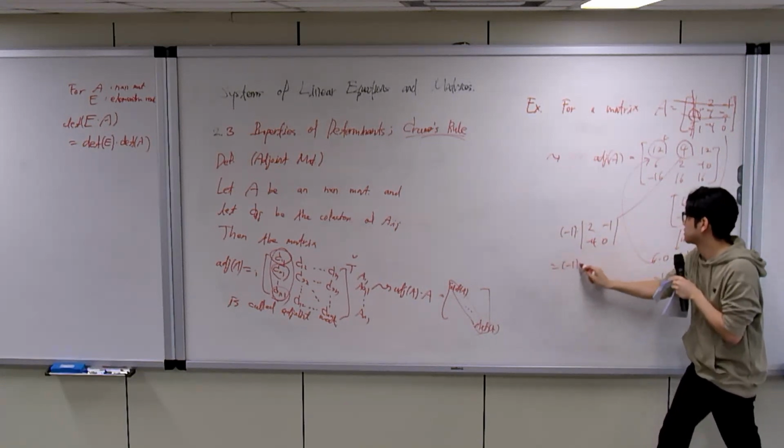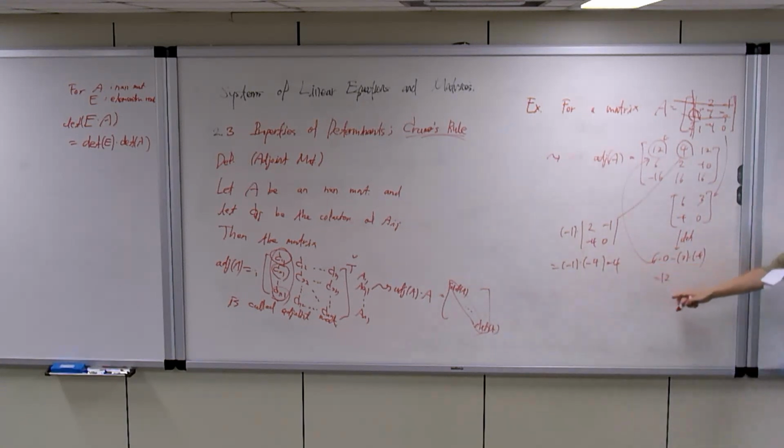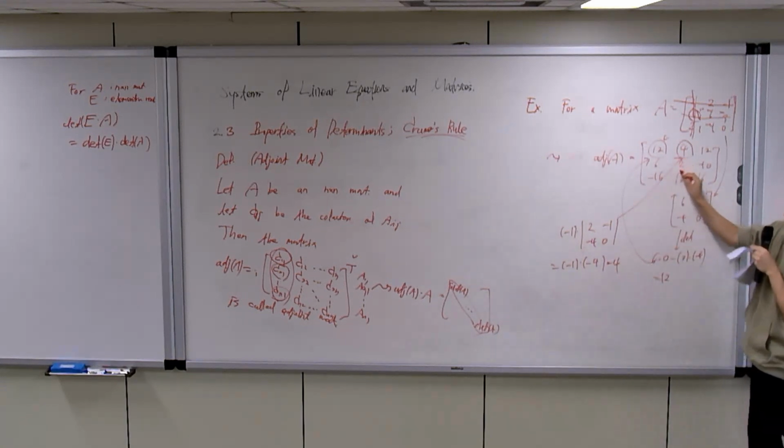So minus 1 times minus 4 is equal to 4, and this entry is 4.